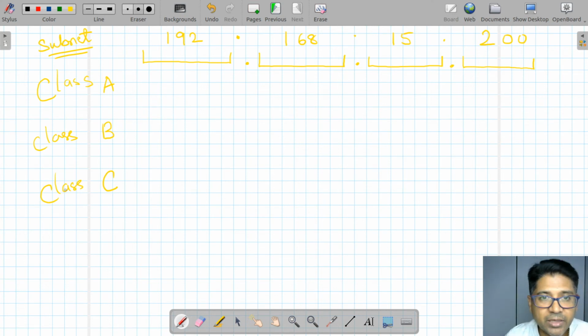Let me give you an example, then you will understand. What is your full name, Mohini? Mohini Sandeep Chavan. So this Chavan is your family name, your surname.